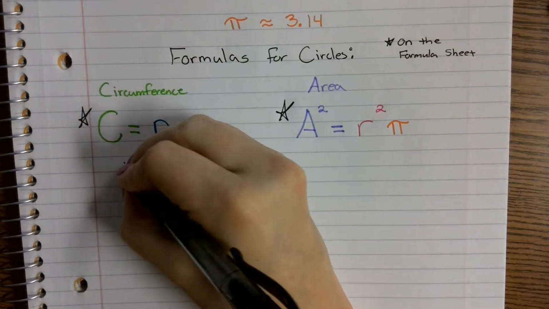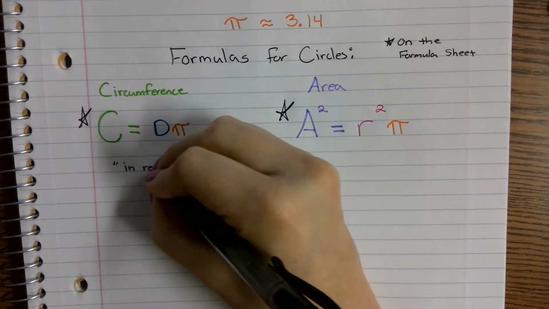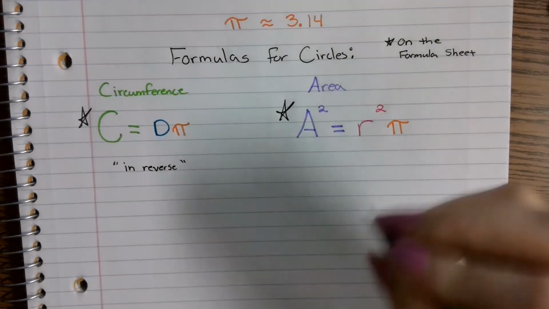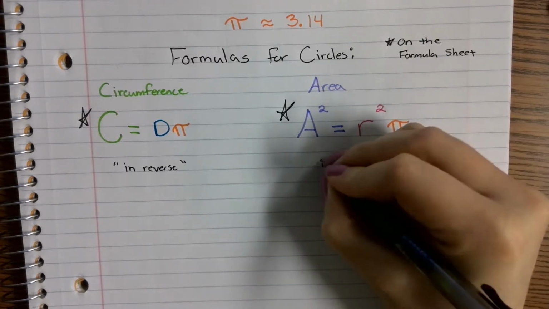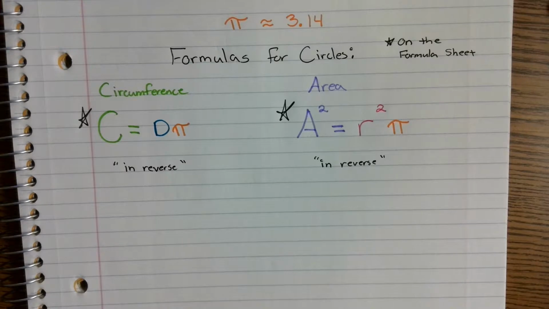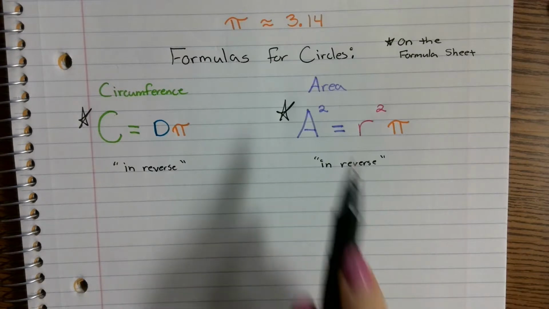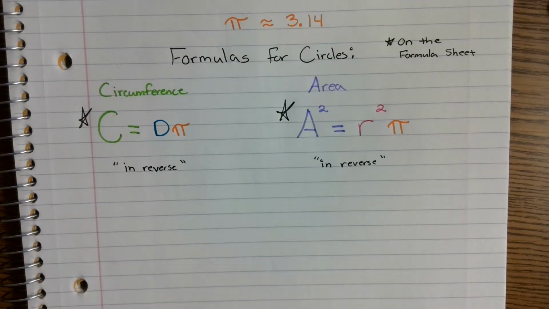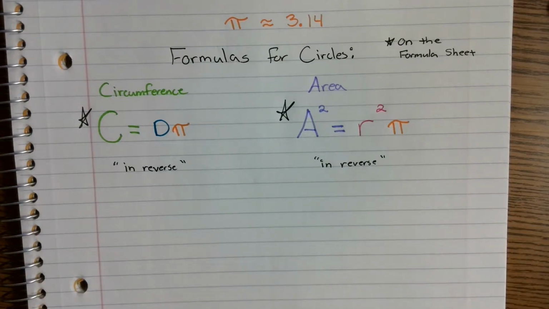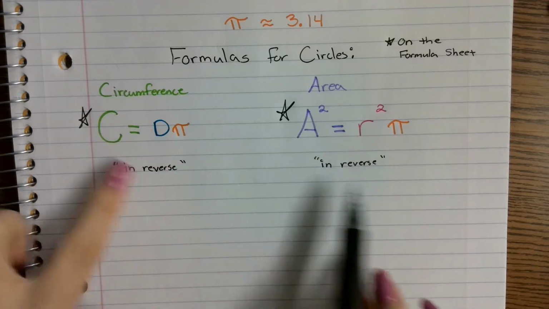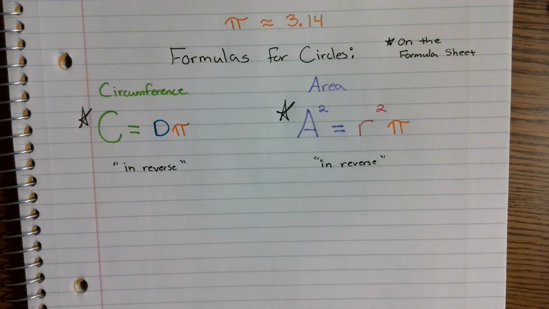Now, the items that are going to be in reverse, which is what I just told Rashawn: sometimes you're not going to be solving for circumference. Maybe you're given circumference and you have to solve for diameter or radius. Or you're given area and you have to solve for diameter or radius. Those would be the reverse formulas. They are not on your formula sheet. You would just have to know how to rewrite these in the form of what you're looking for. I'm going to give it to you so you can study that.